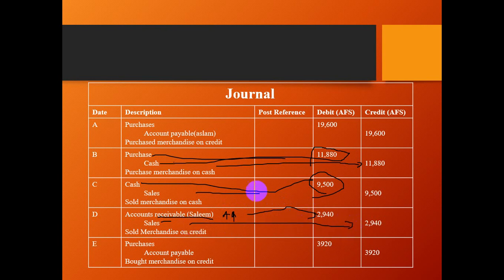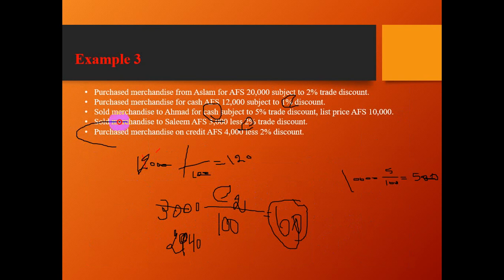It has a credit balance. Next: purchased merchandise on account for 4,000, less 2% discount. So I am purchasing something for 4,000, and a 2% discount is there. So 4,000 multiplied by 2%, divided by 100: 2 multiplied by 40 is 80.